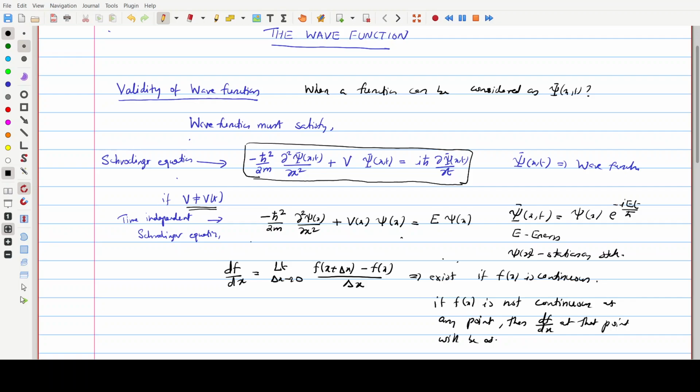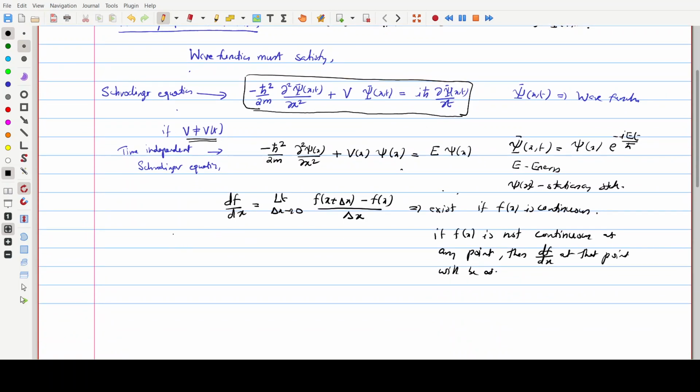We can consider a simple example. Consider a function f(x) which is equal to a for x less than x0, and equal to b for x greater than x0. What would be the derivative of the function exactly at the point x0?